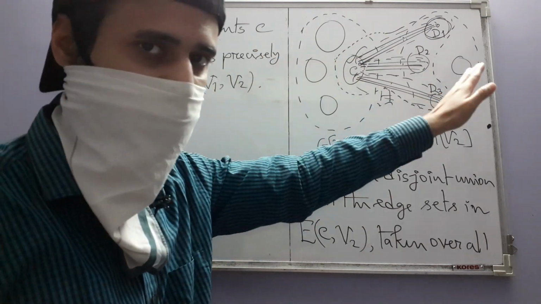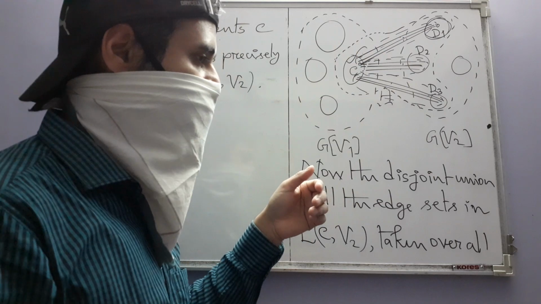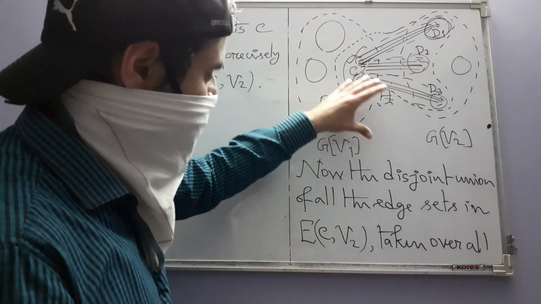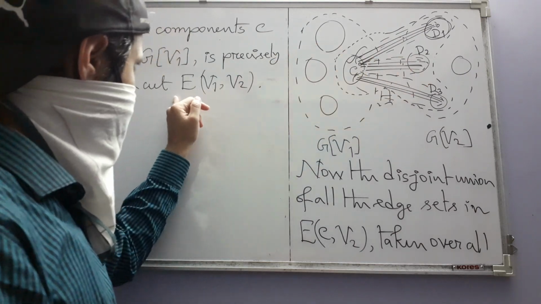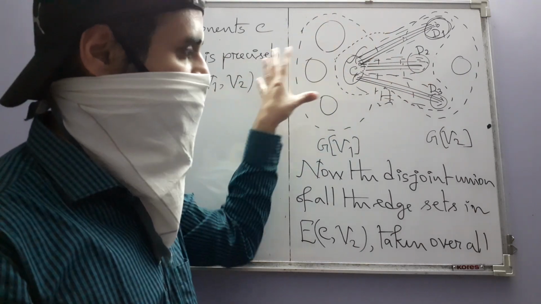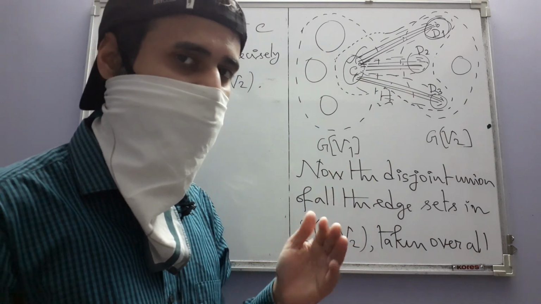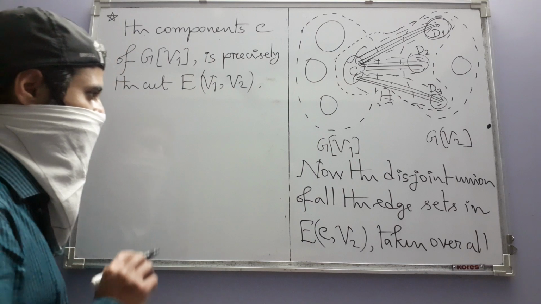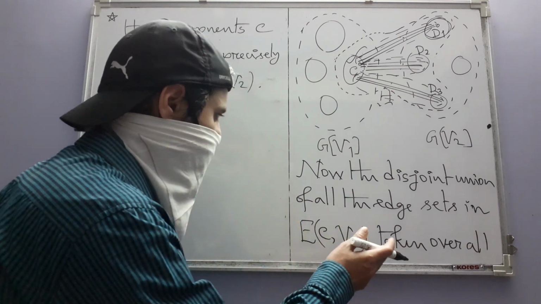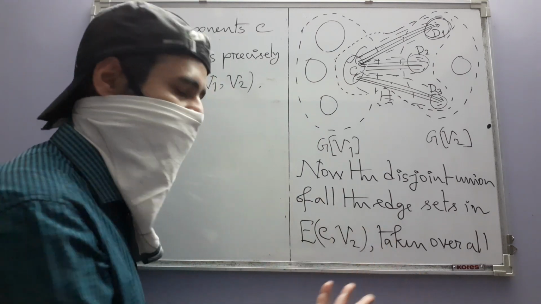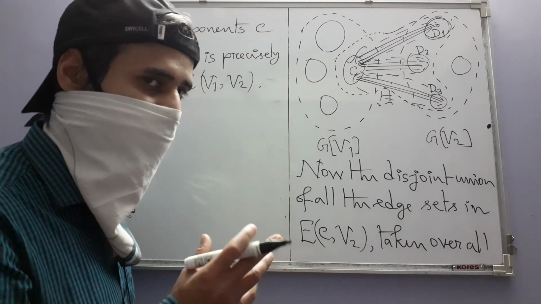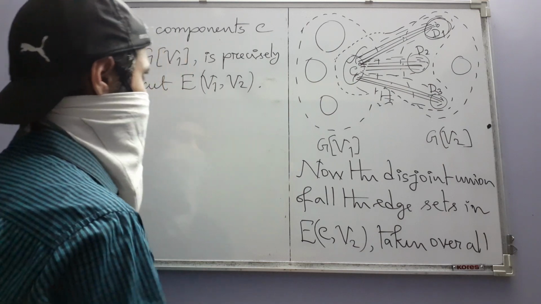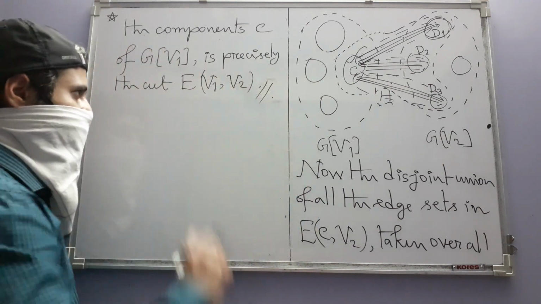Those edges form a bond, and when you collect all such bonds, then this cut, the set of all edges between this and that part, becomes a disjoint union of these bonds. That's it. So that's why the bonds span the cut space. They generate the vector space consisting of all the cuts along with the empty set, and that is the end of this proof.